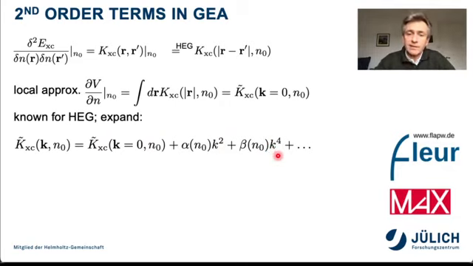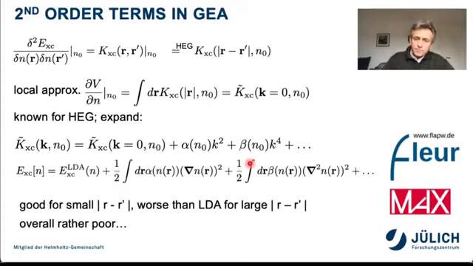Now, since you know this, you can use it as a starting point to expand for different reciprocal lattice vectors, and you get an expansion of this kernel with expansion coefficients alpha and beta, which belong to the square and to the fourth order of the wave vector, and of course they also depend on the local density n0.